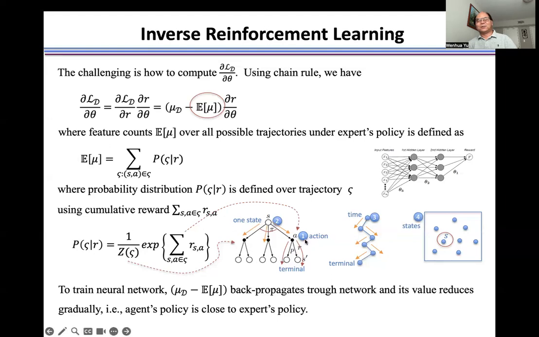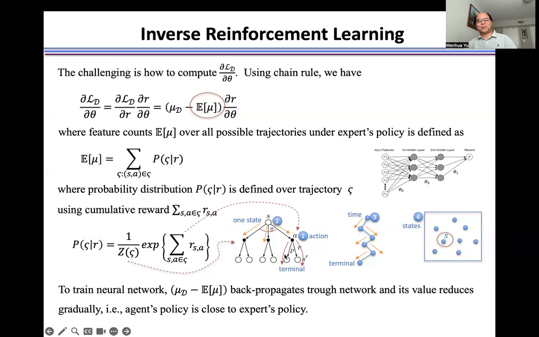Here I use four steps to calculate this partition function. First, at the state S, select the action A. At this A, we calculate Z along all the possible trajectories.